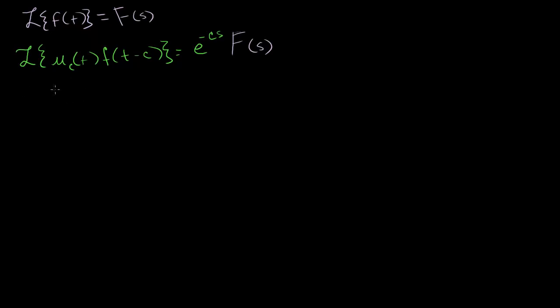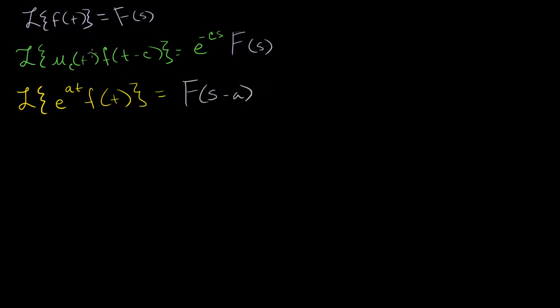That one told us that the Laplace transform of e to the at times f of t is equal to, and I want to make this distinction very clear, here we shifted the f of t and we got just a regular F of s. In this situation, when we multiply it times the e to the positive at, we end up shifting the actual transform. So this becomes F of s minus a.